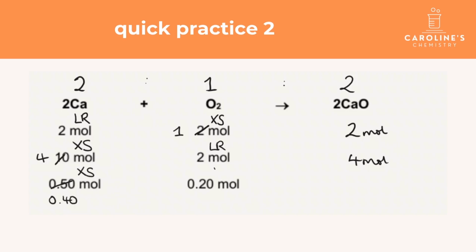The oxygen, we had 0.2 moles. All of that reacted. It's our limiting reagent. Now let's use this limiting reagent to work out the moles of product. It's a 1 to 2 ratio of oxygen to calcium oxide, and therefore 0.2 reacts to make 0.40 moles of the calcium oxide.